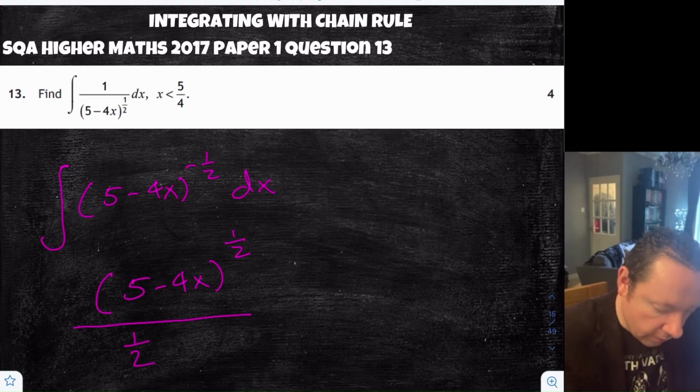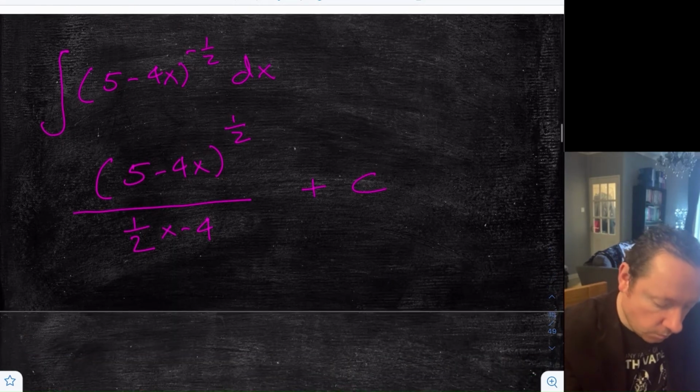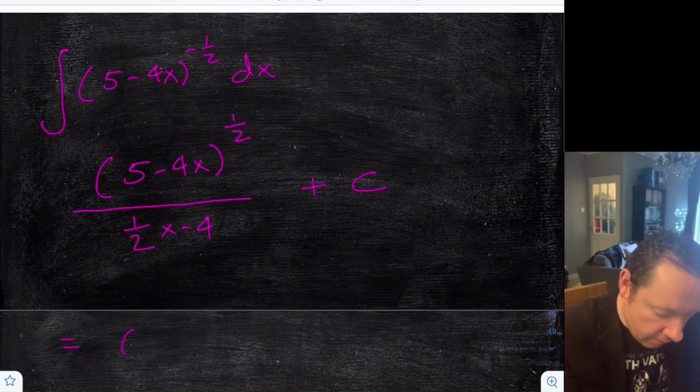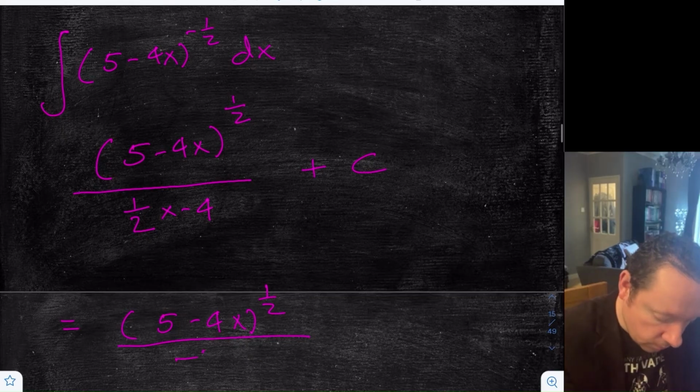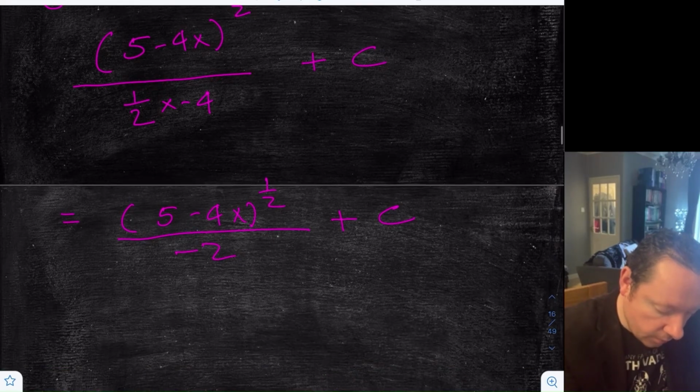But we also divide by the function differentiated, so times minus 4 on the bottom as well. And we've also got plus c, of course. So a half times minus 4, well, minus 4 divided by 2 is minus 2, plus c. Tidying that up, put my minus on top, that gives me minus a half of 5 minus 4x to the half.